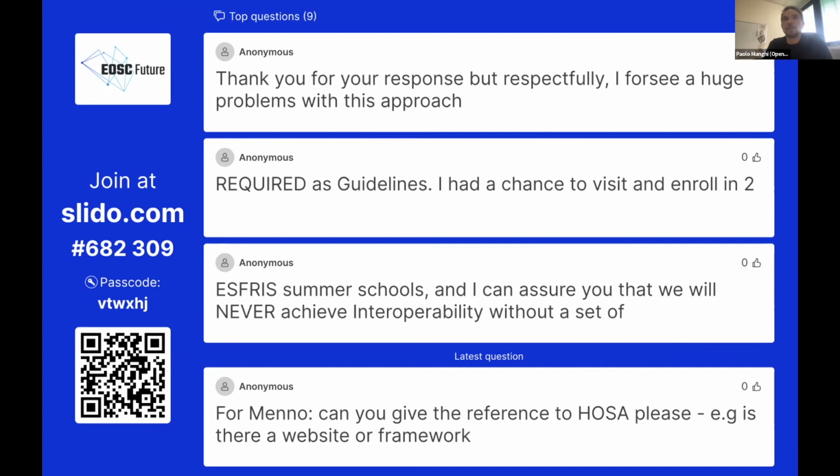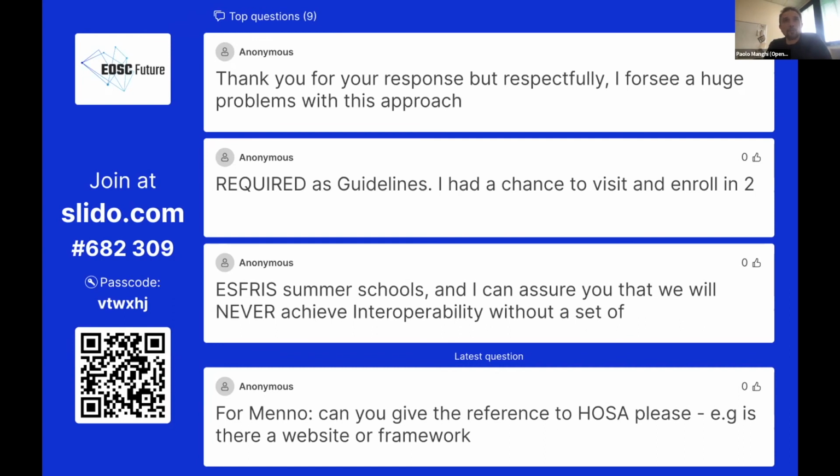I see this never achieving interoperability without a set of, I think, technical requirements, right? But again, as Licia said, the guidelines are extremely technical. So they can get into very specific instructions on how to implement and what should be implemented, which are the protocols, the formats, and so on. So they're not general indications, okay?